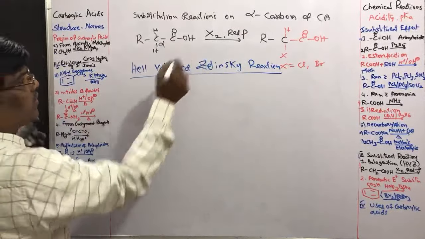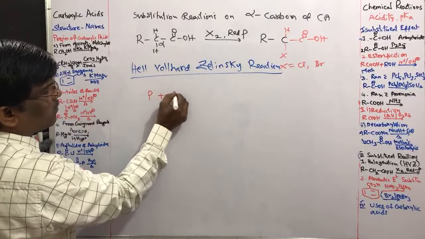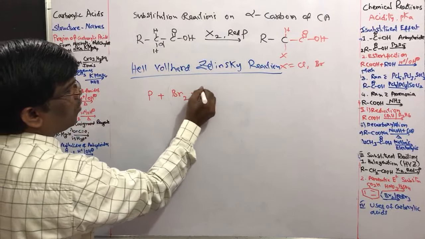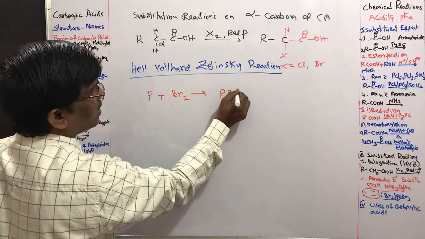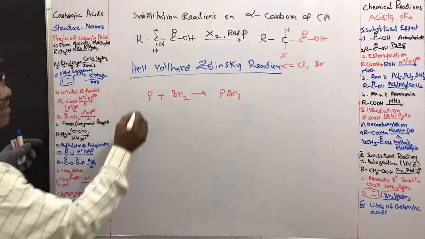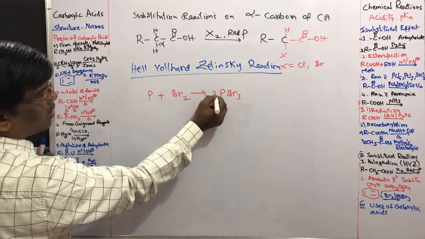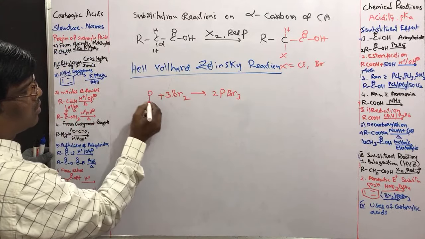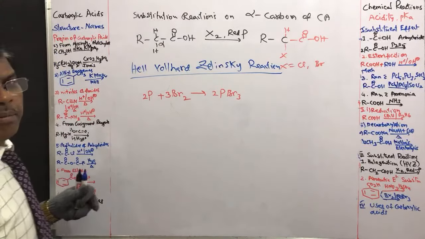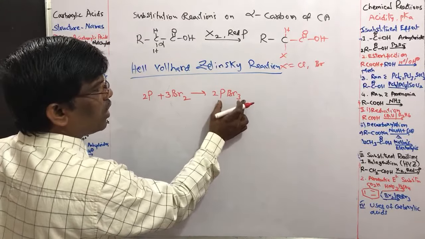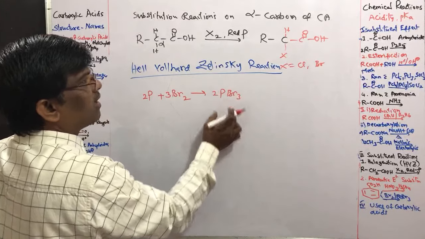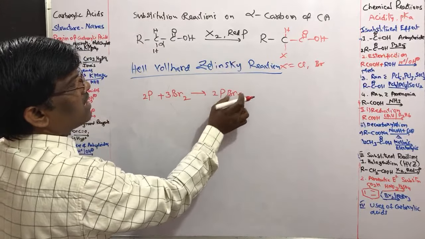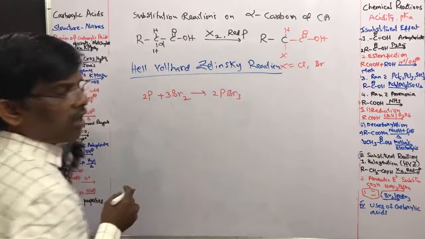The red phosphorus will react with bromine to form PBr3. Yes? This PBr3 is going to act as the real reagent for the halogenation of the alpha carbon.